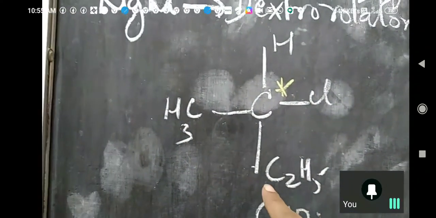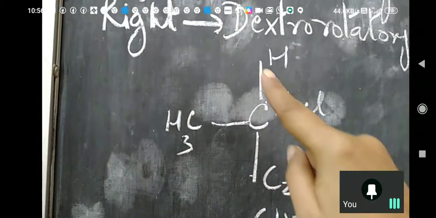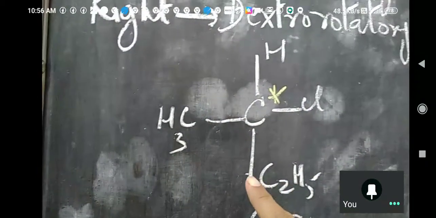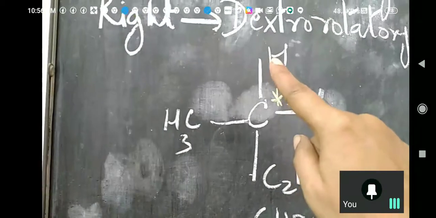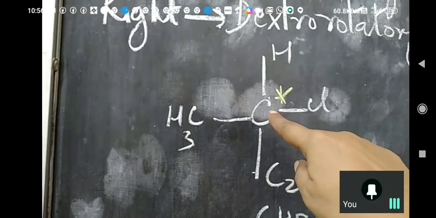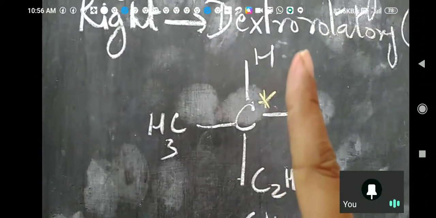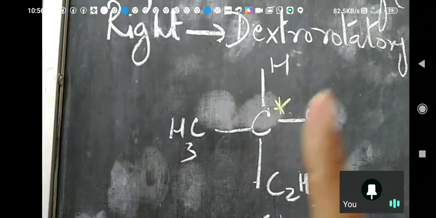Am I right? Here all of them are different. An asymmetric center or asymmetric carbon atom is marked with an asterisk mark. So at least one asymmetric carbon atom should be present.